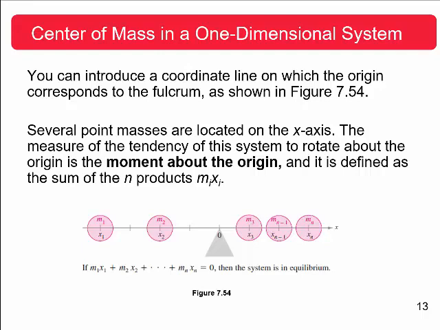The measure of the tendency of this system to rotate about the origin is what's called the moment about the origin, and it is defined as the sum of the n products, the individual masses times the corresponding x sub i. Now, m sub i is the corresponding mass, and x sub i is the distance from the fulcrum. So if you sum their products, taking the mass times the distance, and that sums to 0, then the system is in equilibrium, so it's equally balanced.